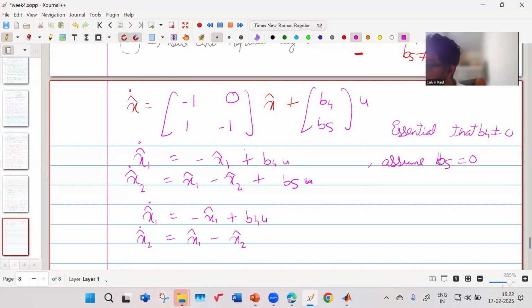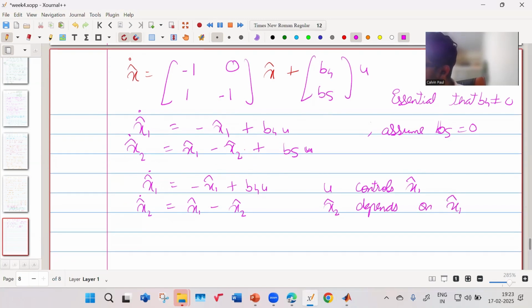Now, I can control x1 hat with u, and x2 hat dot is dependent on x1 hat. So u is indirectly controlling x2 hat. That's why the condition is that b4 should not be equal to 0.